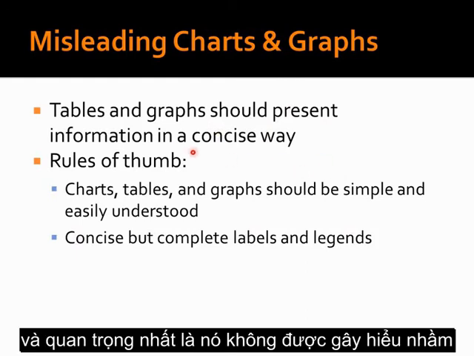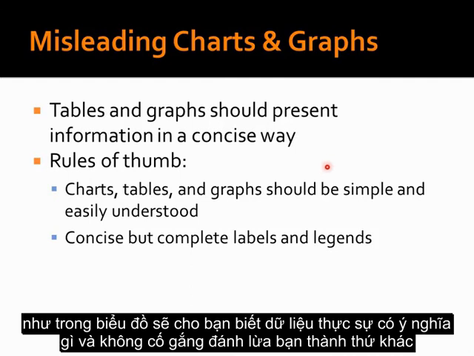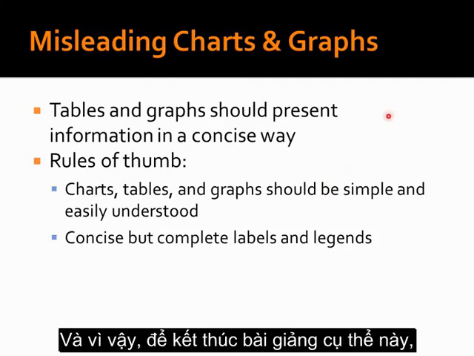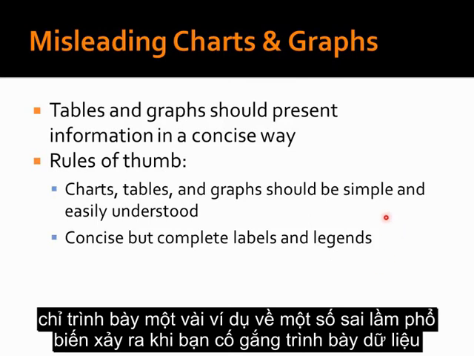And most importantly, it should not be misleading. The chart should tell you what the data actually means and not try to fool you into something else. To end this lecture, I'll show a couple of examples of common mistakes that happen when you try to present data.